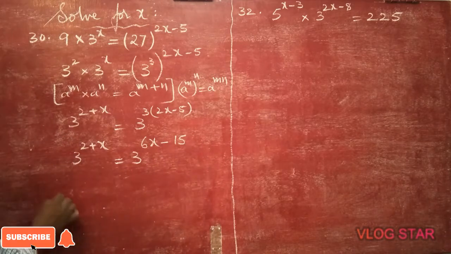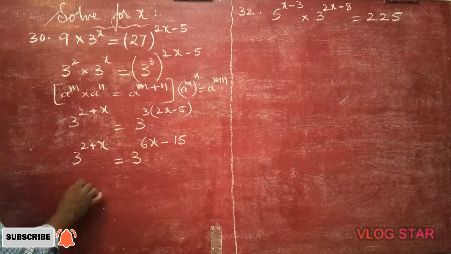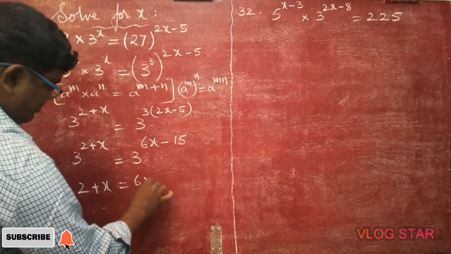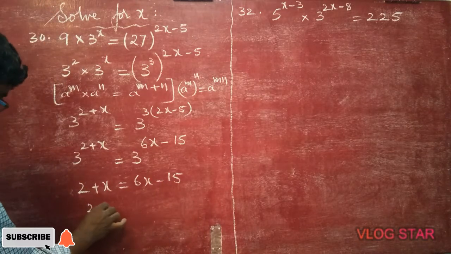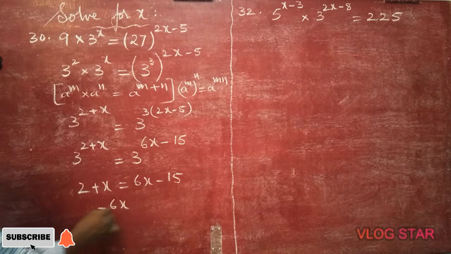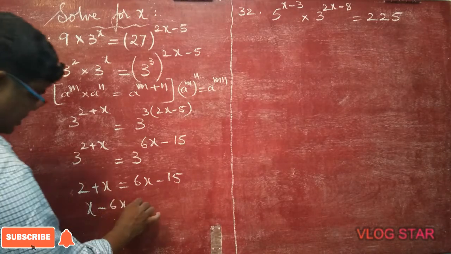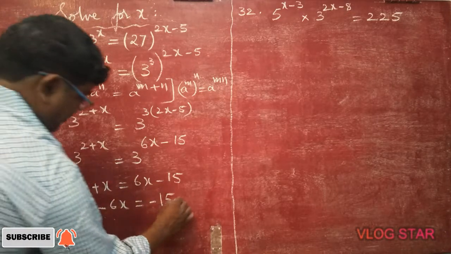Now when bases are equal, powers also must be equal, write that sentence. So 2 plus x is equal to 6x minus 15. Now keep the x variables on one side. x minus 6x is equal to minus 15 minus 2, going to that side.